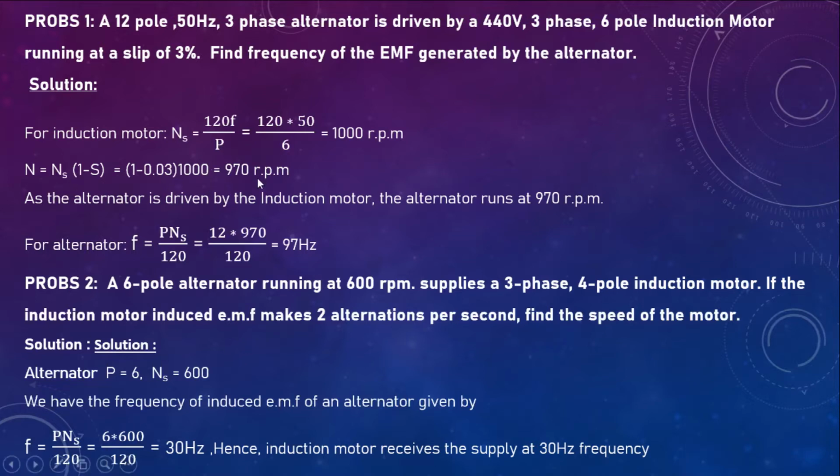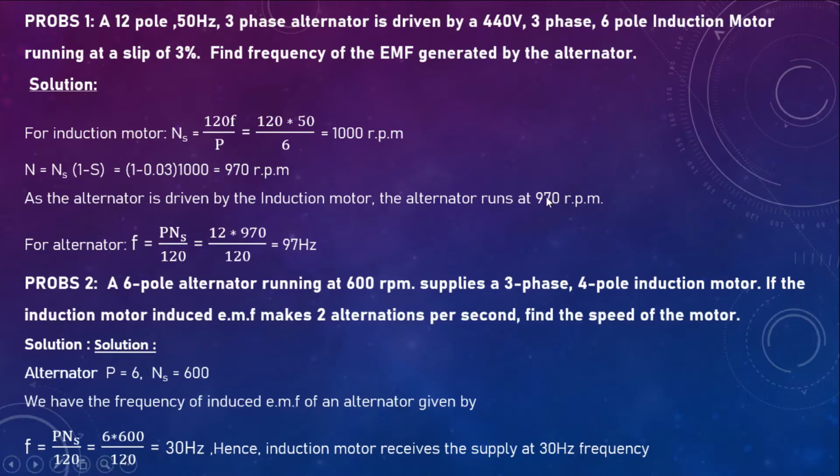To find out the rotor speed, ns into 1 minus s, so 3% slip into 1000, we got 970 rpm. The alternator is driven by induction motor, so alternator runs at the same speed as 970 rpm because it is coupled to the induction motor.